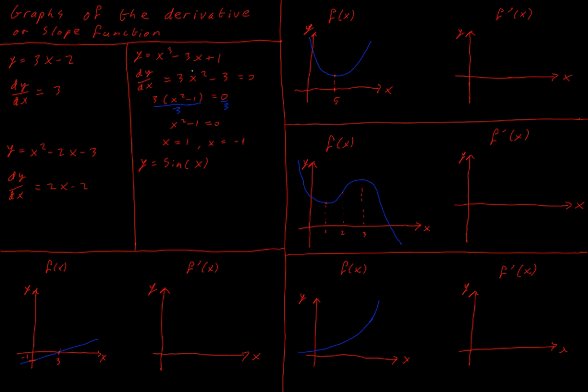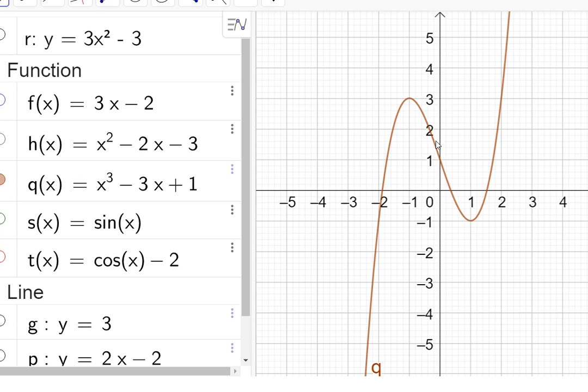So let's see if that's what happens in practice. So we have our cubic here, our brown or orange type function, and its derivative is 3x squared minus 3. And I'm expecting the roots of my grey quadratic to be the same as the maximum and minimum point of my cubic, and I can see that it is.